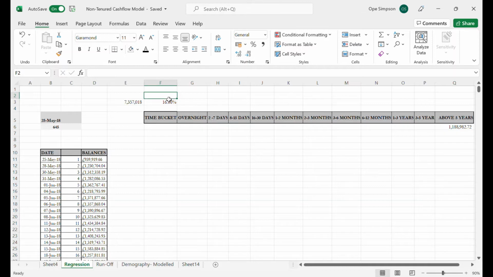This leaves us with the problem of how to allocate them. We are left doing this arbitrarily since there's no scientific method of doing it. And our non-core portion is basically 1 minus our core portion.